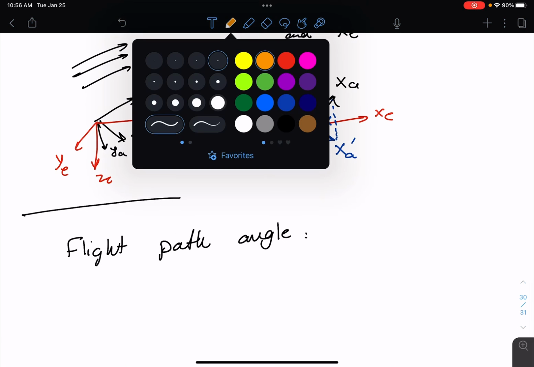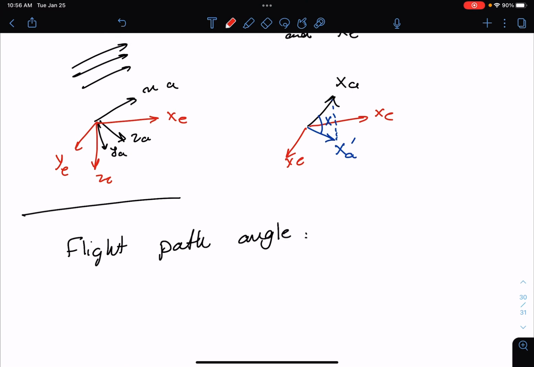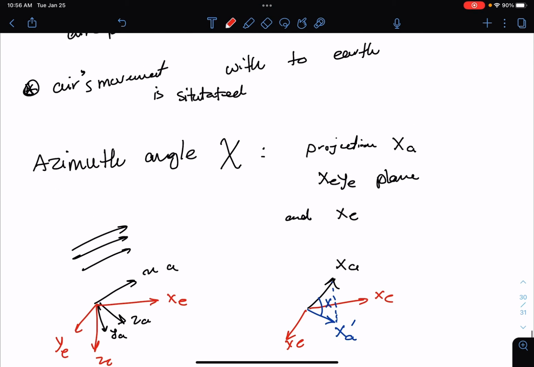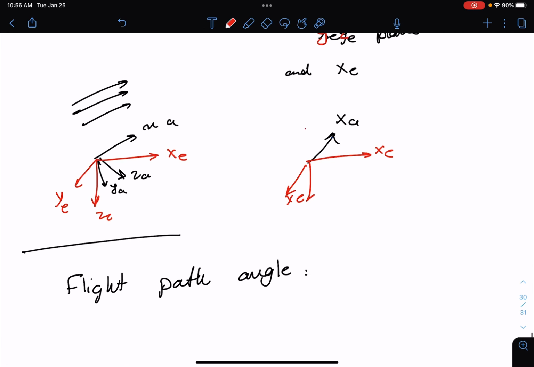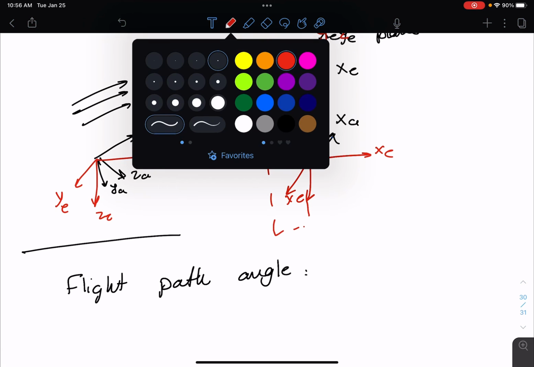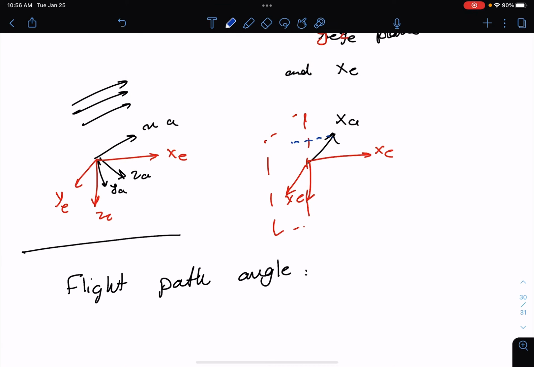Okay, this is the projection between the YZ axis. Sorry guys, it is Z. This is the YZ plane. You project this XA on the YZ plane.